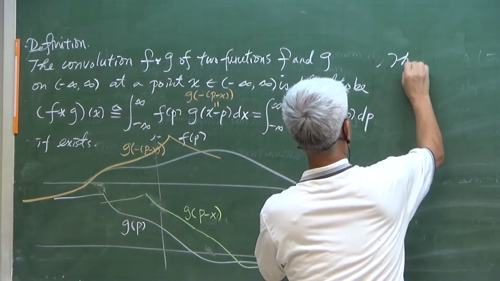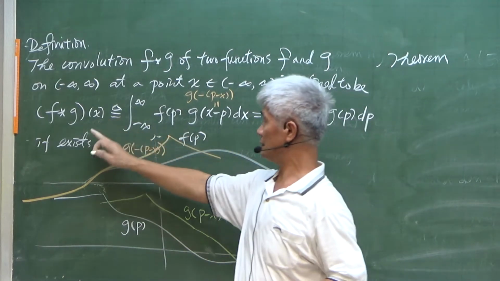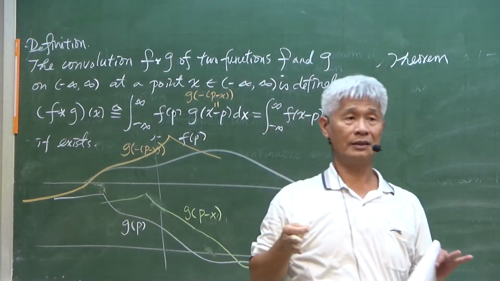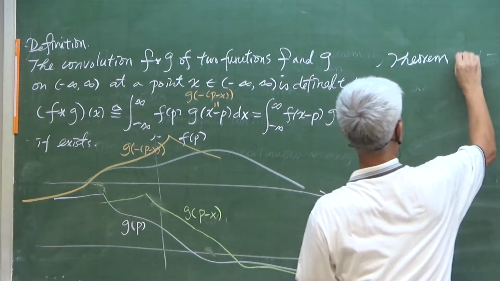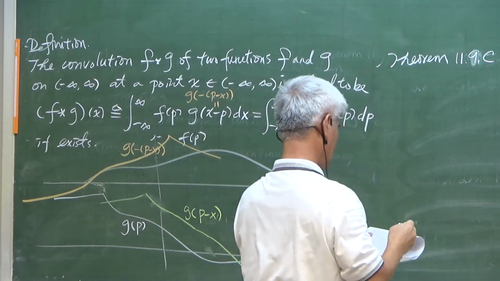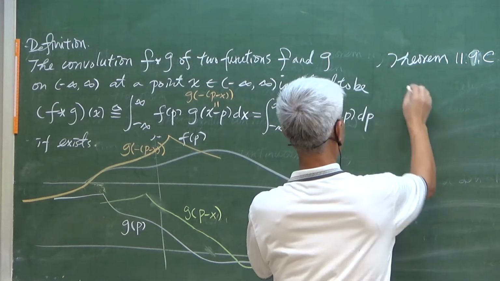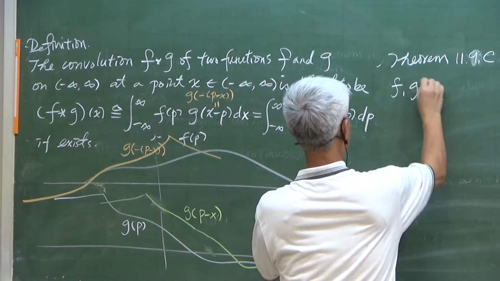Now, once I define something, I have to state its existence, because the convolution is defined only when the integral exists.